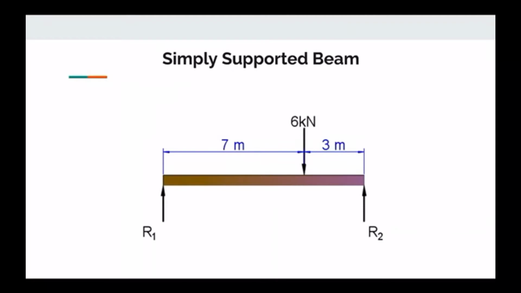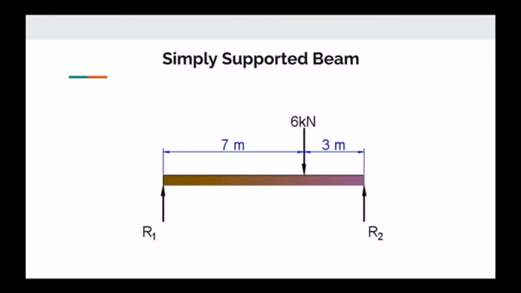When we are calculating R1 and R2, we are going to use moments. So if you are not sure what moments are, please watch the previous video in the series. That video will be in the description of this video. Now, we can use moments to solve for R1 and R2.